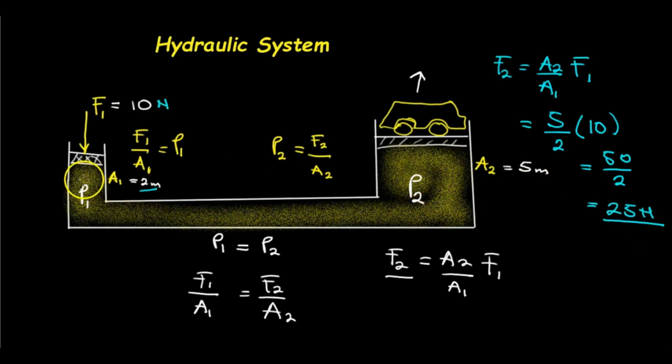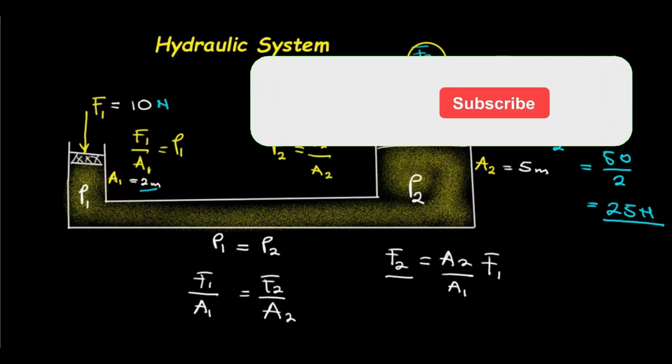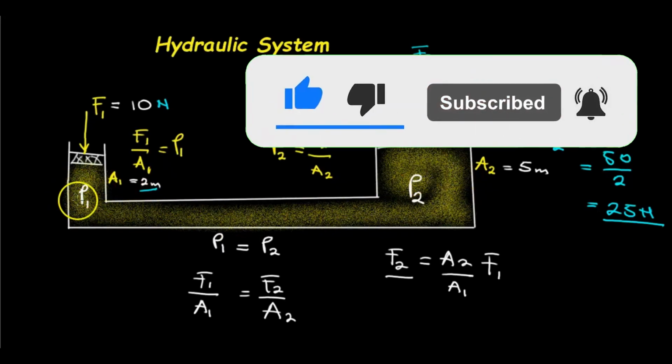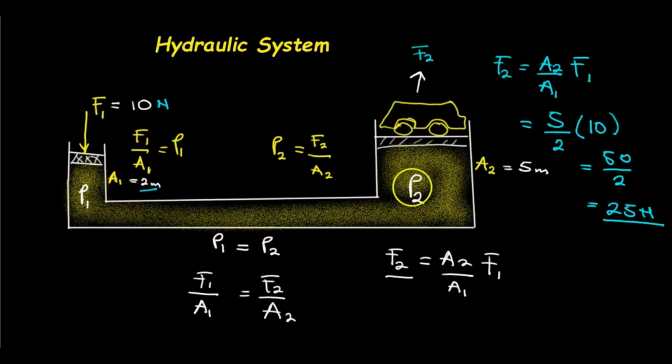So when you apply a small force, it can overcome an object with a greater force. So this is an application of Pascal's principle. The pressure obtained here is transmitted to the other side, but here the area has been increased, which will result in an increase in the force to make up for the pressure. So basically this is how all hydraulic systems work.